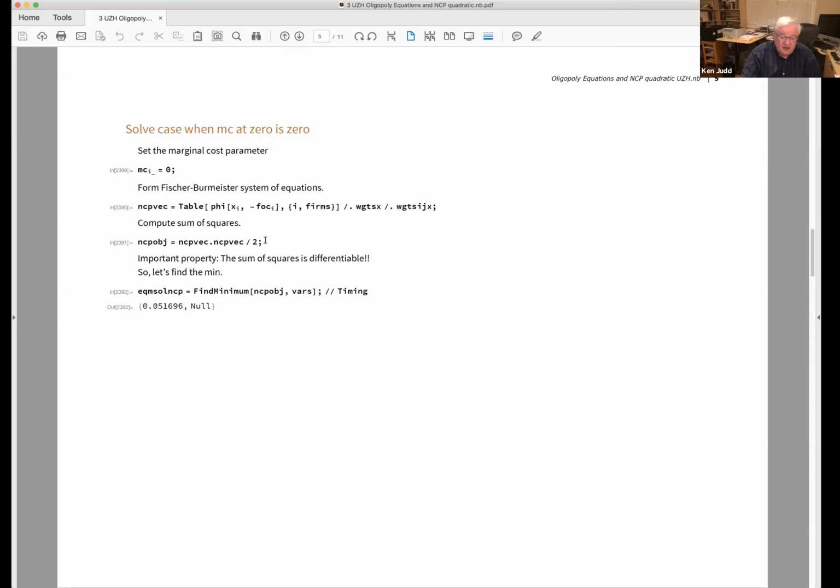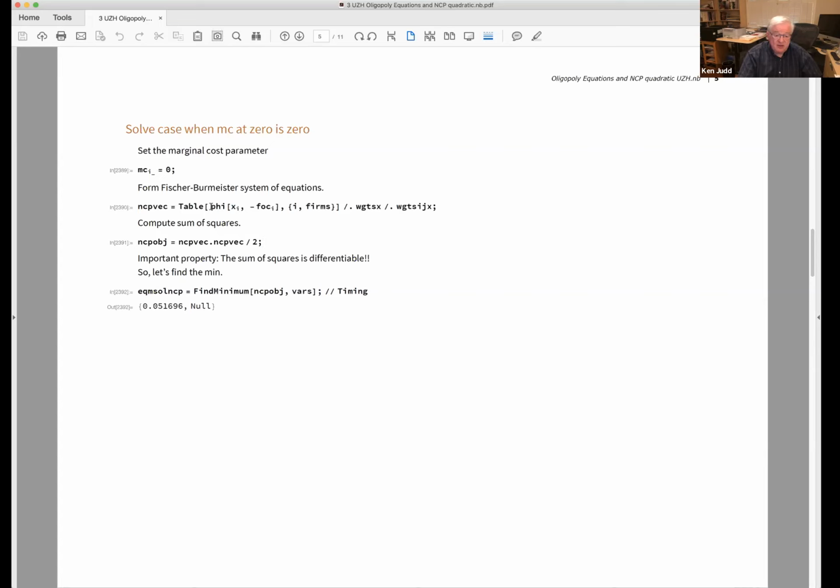Now one could just say, well, now I have a system of non-smooth equations, try to solve it, but no. What semi-smooth does is it takes the quadratic norm of this, and now this is going to be differentiable even when A is 0 or B is 0. And so now we're just going to minimize this.